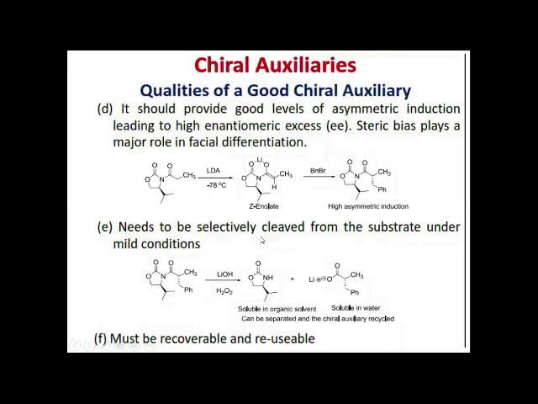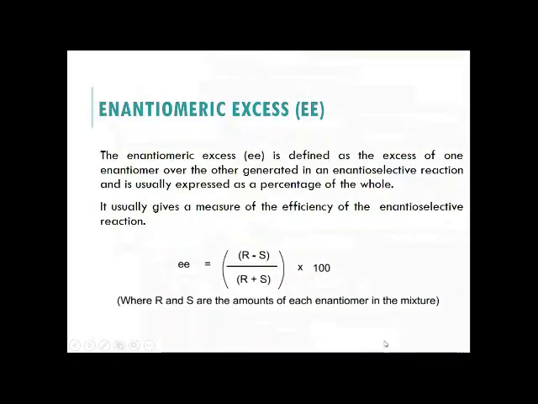It needs to be selectively cleaved from the substrate under mild conditions. That means once the prochiral substrate is converted into the modified chiral substrate, and chirality is already developed, at that time under mild conditions we can easily separate the chiral auxiliary from the modified substrate. And last, it must be recoverable and reusable for economic purposes.